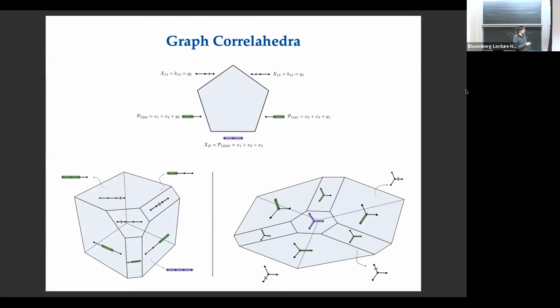All the contributions to the correlator will be given by the vertices of this. This is just the standard graph associahedron for this graph, and these ones will be the new contributions that only appear for the correlator. So there will always be a facet which is the graph associahedron. This is what it looks like for 6 points, where again this facet is the hexagon, which is what the graph associahedron gave for the star.